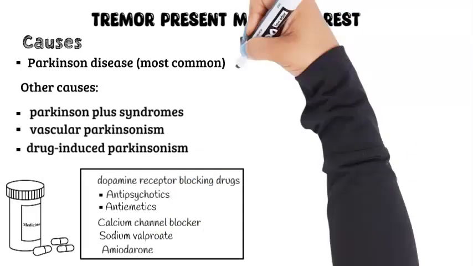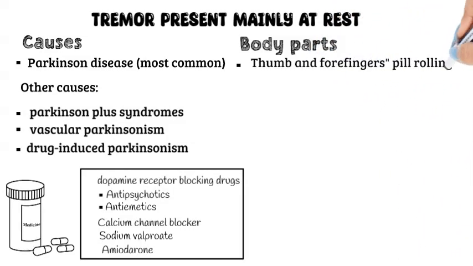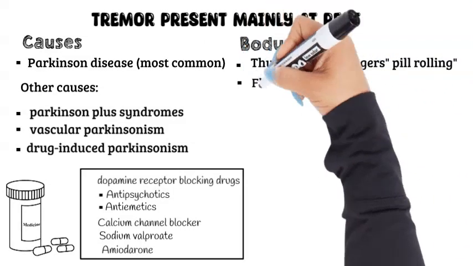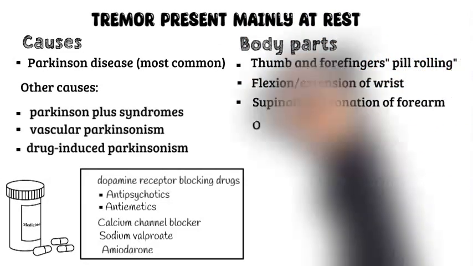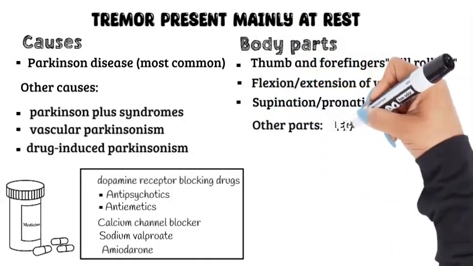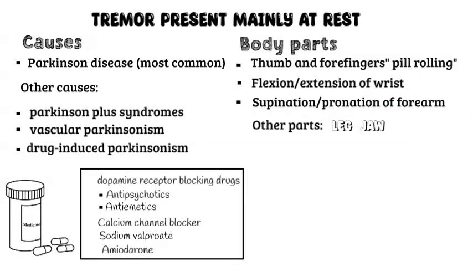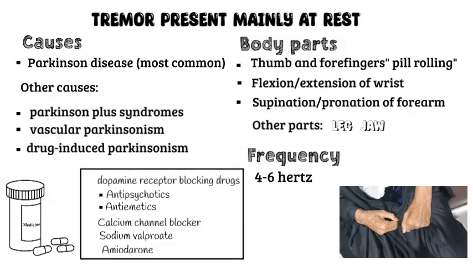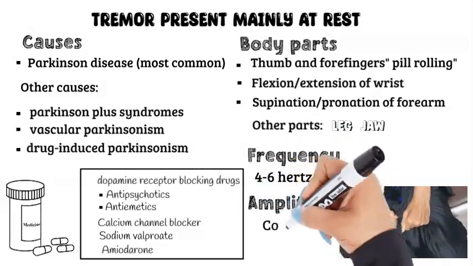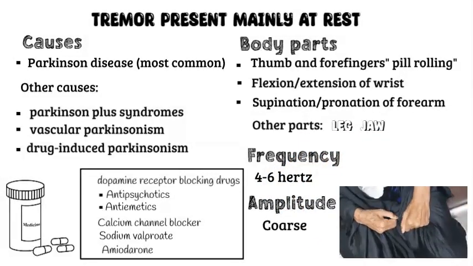The body part which is affected in resting tremor is usually the thumb and forefinger, which is called pill-rolling tremor. Sometimes there is a flexion extension of the wrist or supination or pronation of the forearms. Other parts include the leg or the jaw. The frequency of this tremor is usually 4 to 6 Hz and its coarse amplitude.